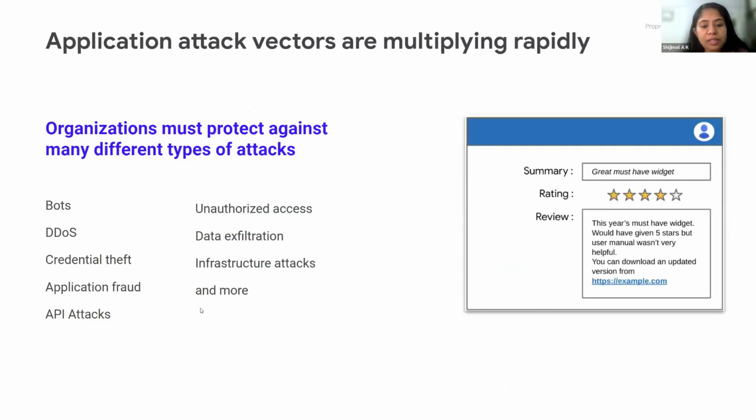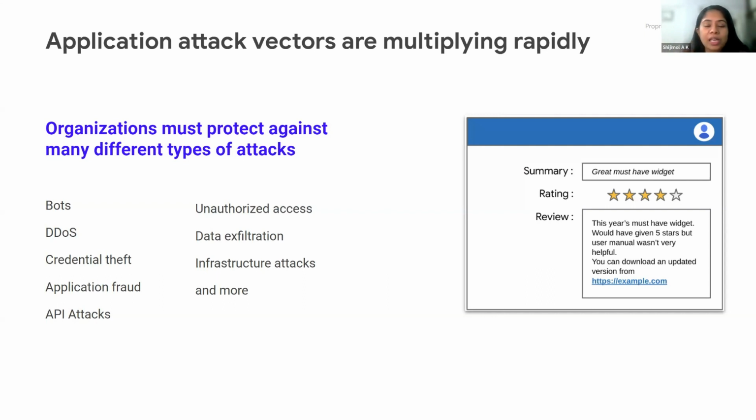Along with these new ways of building and deploying applications, the ways in which they are being attacked are evolving. There are different kinds of attacks that we see today. For example, DDoS attacks, overwhelming an application with a massive number of requests so that it is not able to respond. Credential theft: you get a link, you input your credentials, and those credentials are used to access your applications and steal your sensitive data.